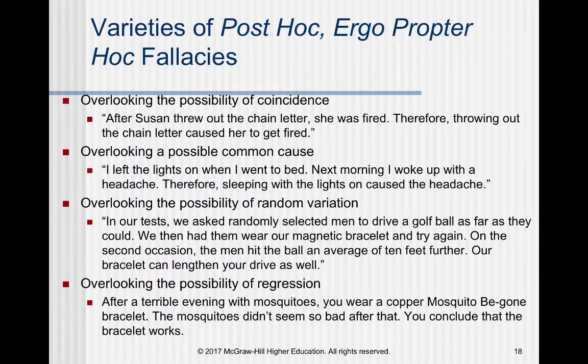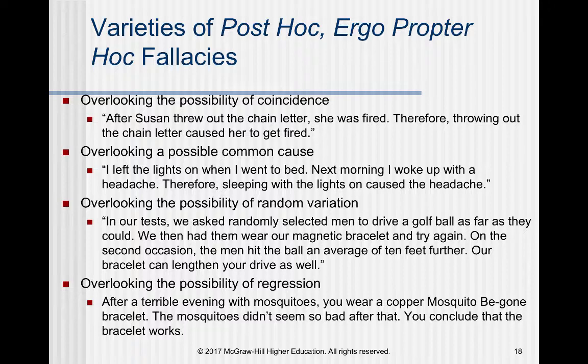Finally, overlooking the possibility of regression. There's something called regression to the mean in statistical analysis, which is a phenomenon that states that if a variable has a certain measurement that is atypical, either very high or very low, on its first measurement, it will likely be less atypical and more normal upon the second measurement, and vice versa.